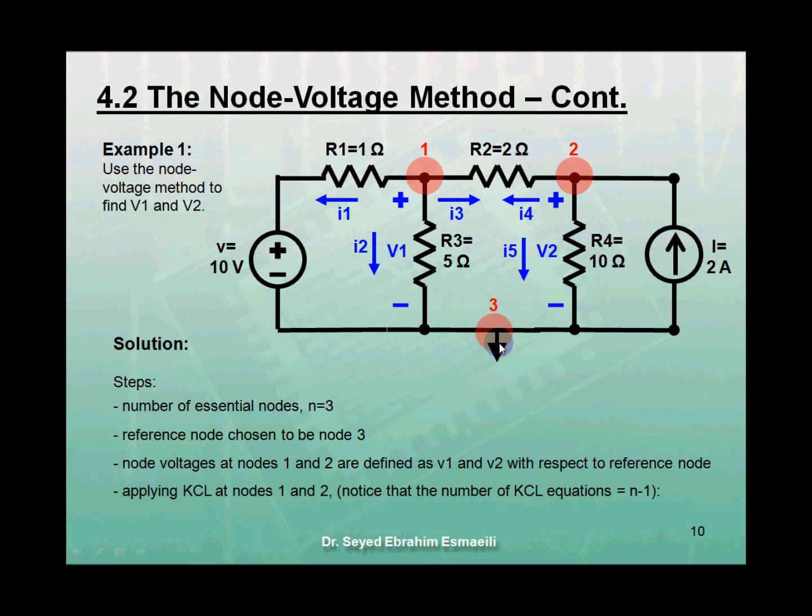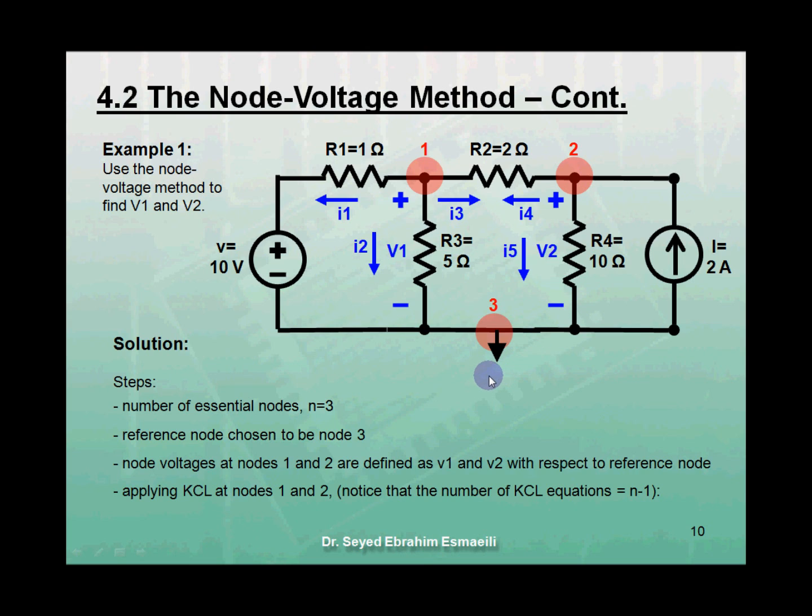The reference node is chosen to be node 3, which is the node with the most number of branches. Node voltages at node 1 and 2 are defined as V1 and V2 with respect to the reference node.